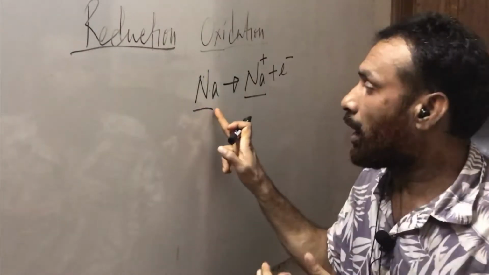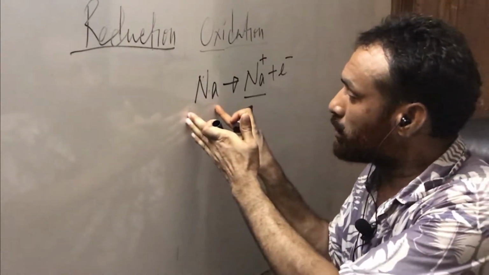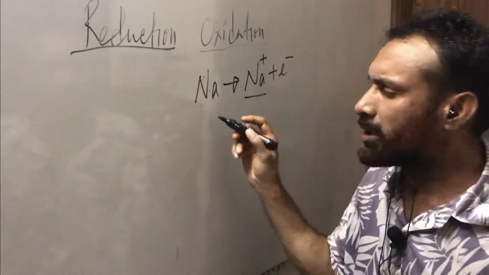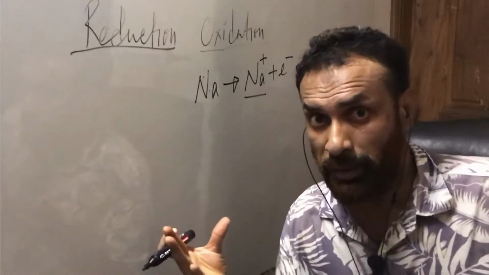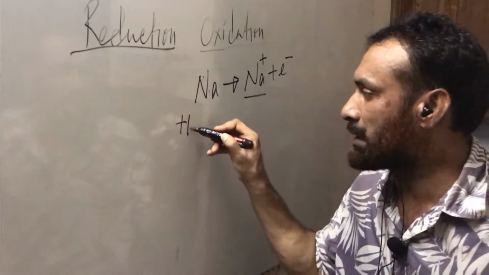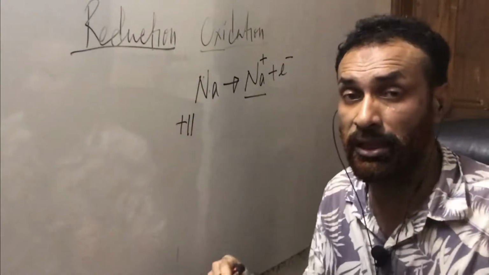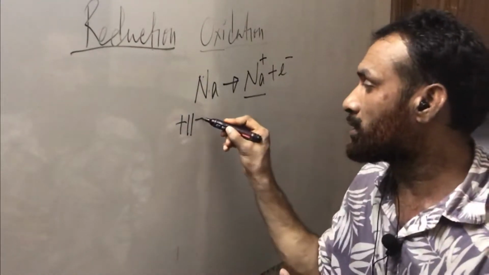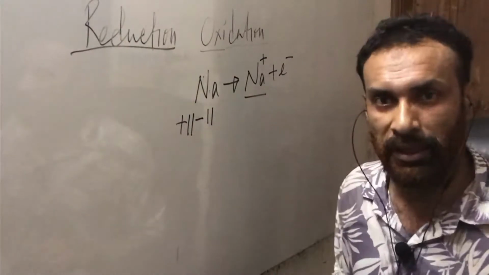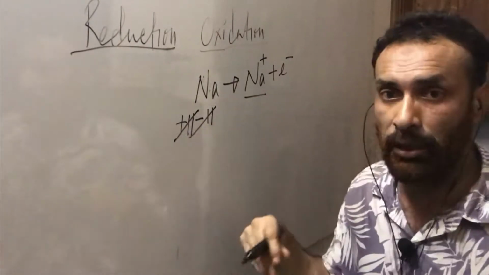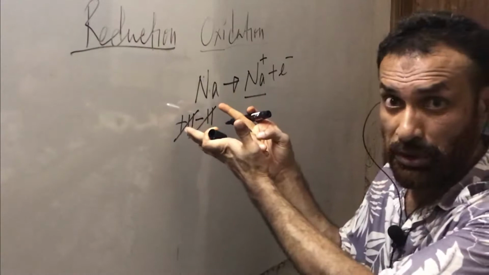Why? Because the sodium atom possesses 11 protons, 11 positive charges, and also 11 electrons, which is minus 11, and together they cancel out, so sodium is neutral.